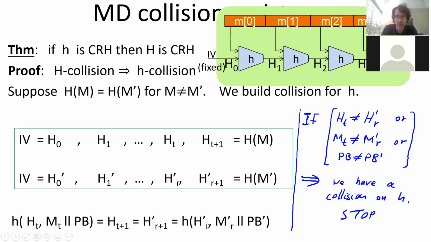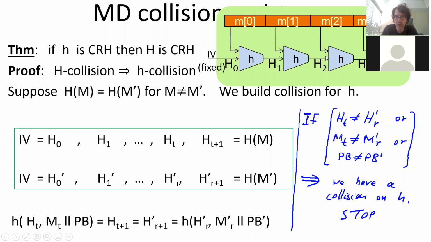And now we recurse, because it also follows that this previous to last wire value was the same in both executions. Where the two executions are again, one execution, the orange stuff is M, the other execution, the orange stuff is M prime. And so this H3 value was the same in both executions. So we recurse the argument.